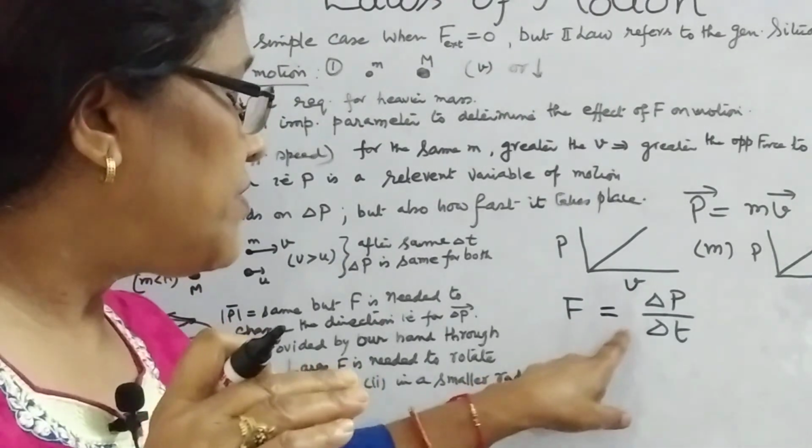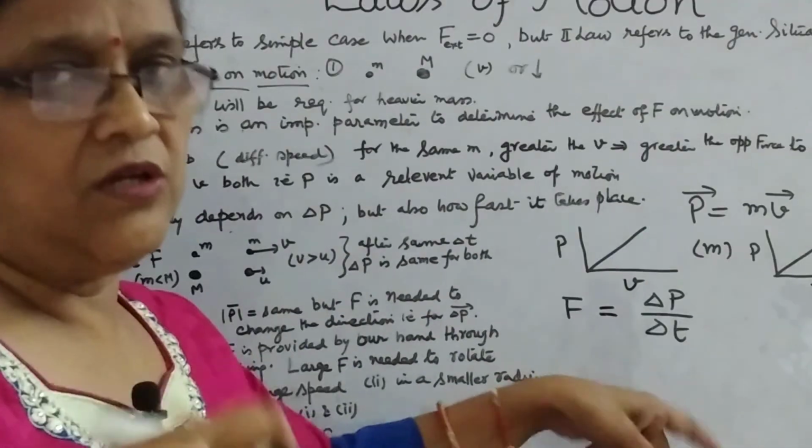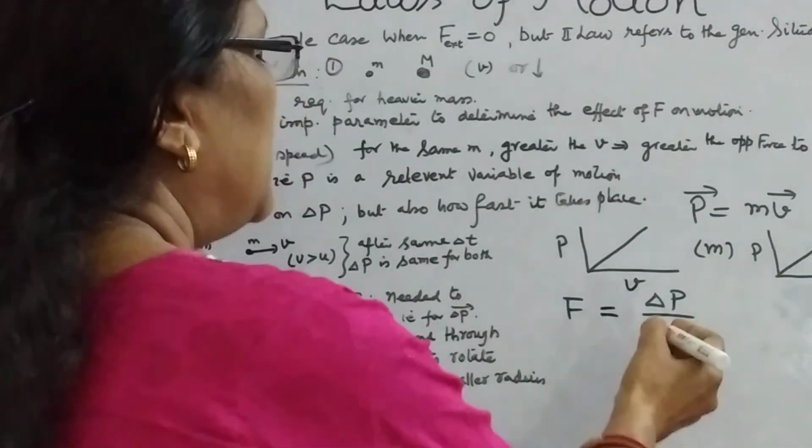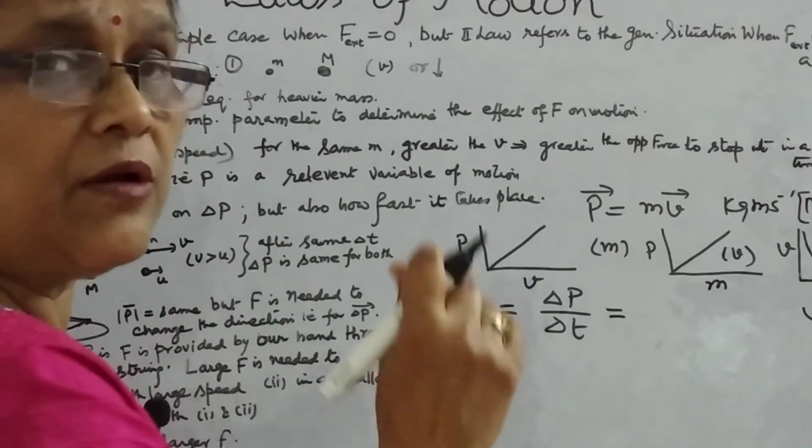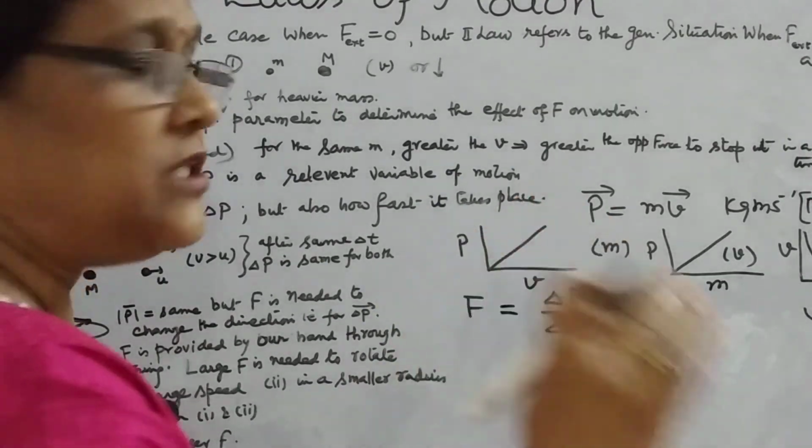How will you get F equal to ma from this relation? Simply look at delta P. Delta P means final momentum minus initial momentum.